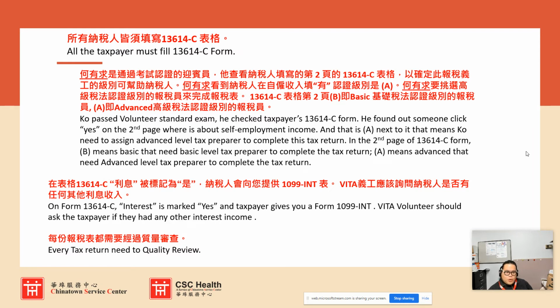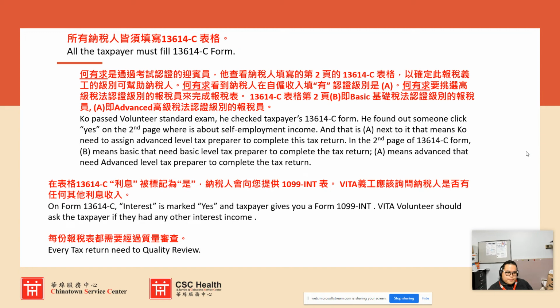That means Cole needs to assign an advanced level tax preparer to complete this tax return. On the second page of Form 13614-C, B means basic, which needs a basic level tax preparer to complete the tax return. A means advanced, which needs an advanced level tax preparer to complete the tax return.